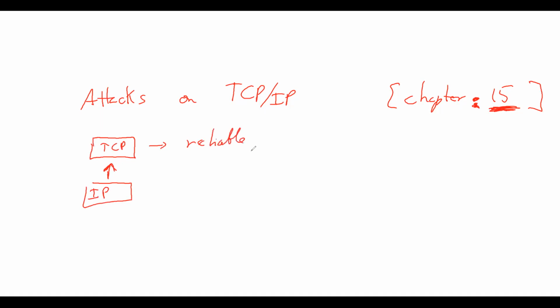There's always an acknowledgement. That's what is meant by reliable. I send some data and I don't just assume that it got there. There's a sense of reliability and acknowledgement, and that actually plays into the attacks.